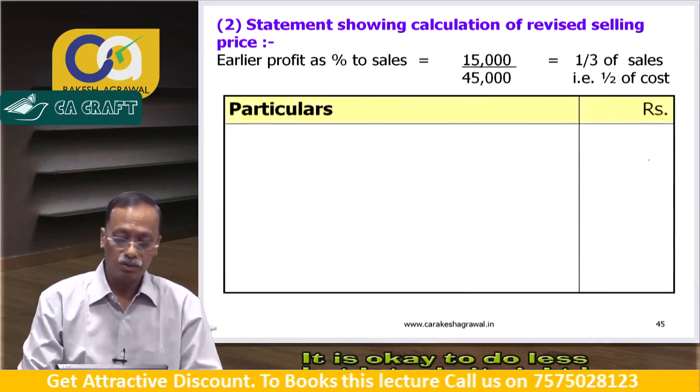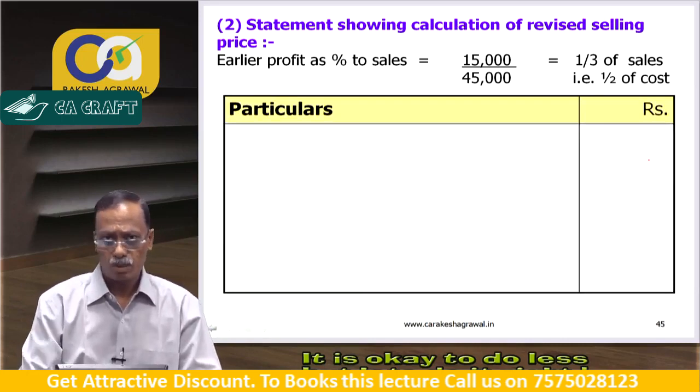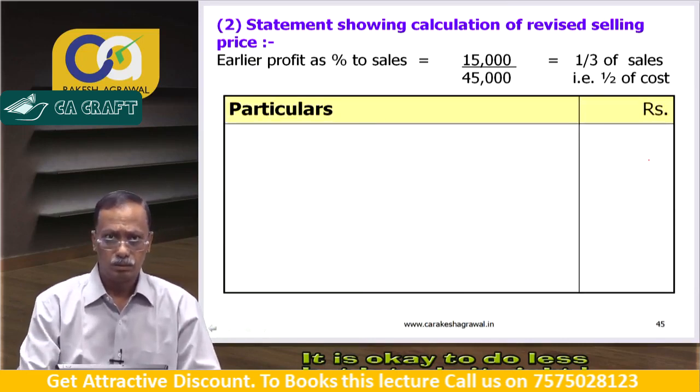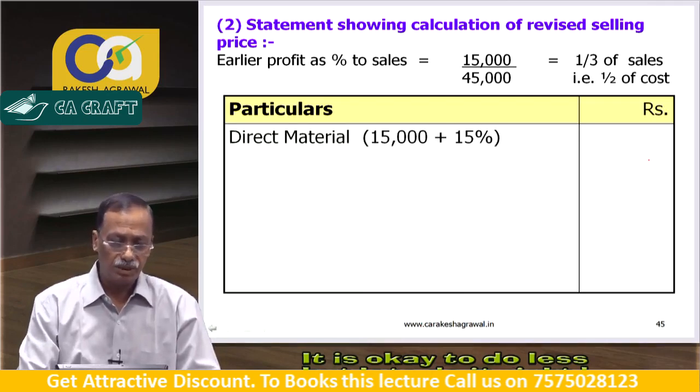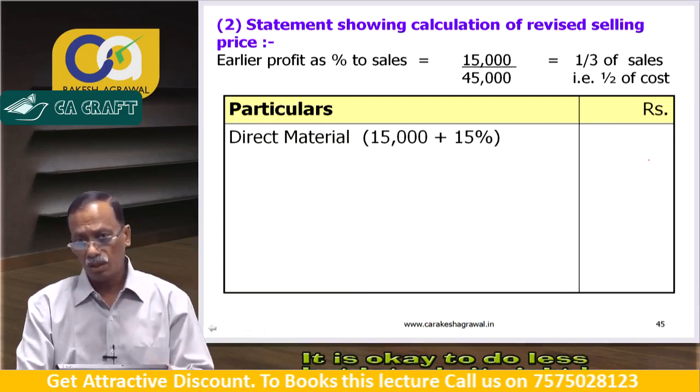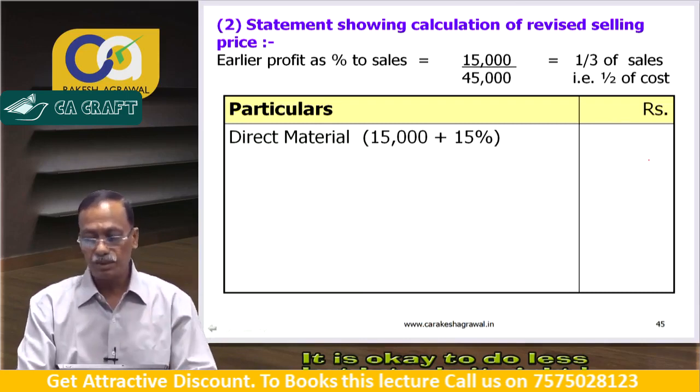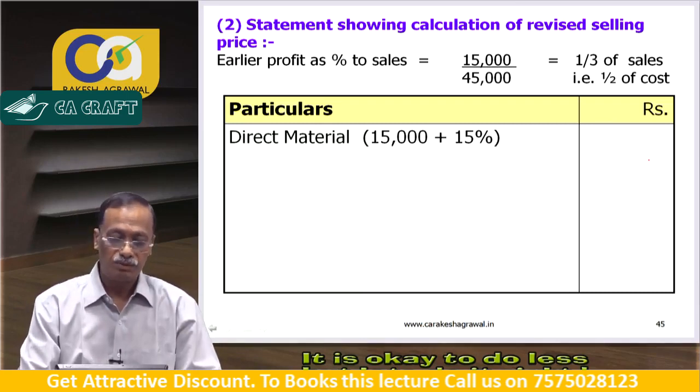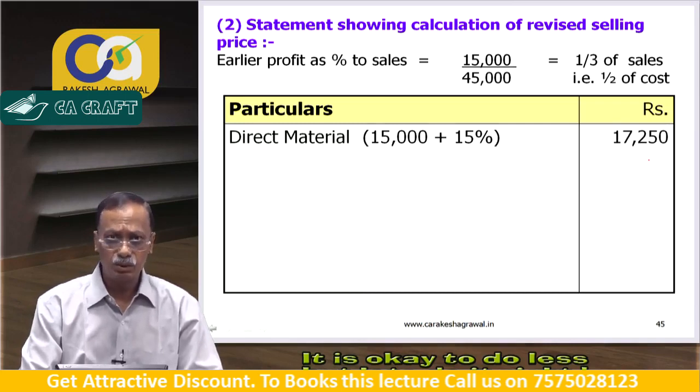Below write down particulars rupees. Write down direct material. This is revised cost naturally to get the revised selling price. So direct material, your earlier cost 15,000 plus 15% increase. You get it as 17,250, correct?